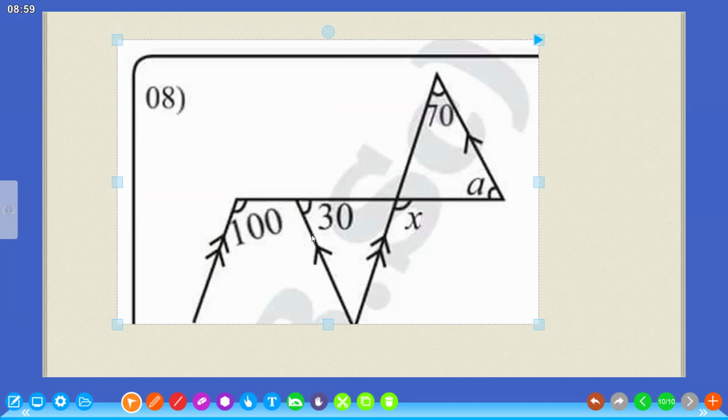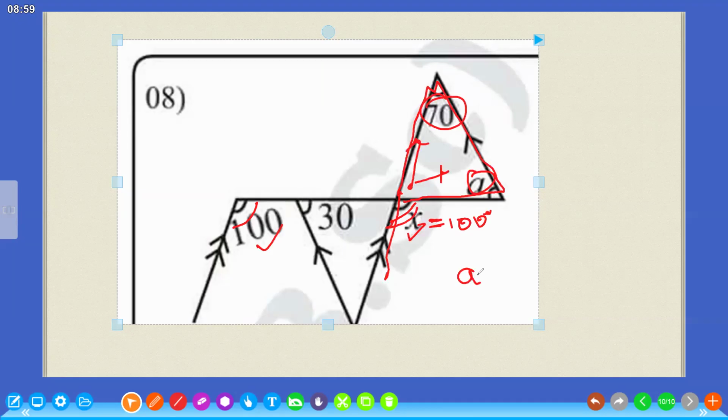Right, students. Okay, your time is over. Students, if this is 100, this one is 100. What is the reason, students? Corresponding angles. These are corresponding angles. Here, students, 70 degrees and A. If you produce a side of the triangle, the exterior angle formed is equal to the sum of the interior opposite angles.